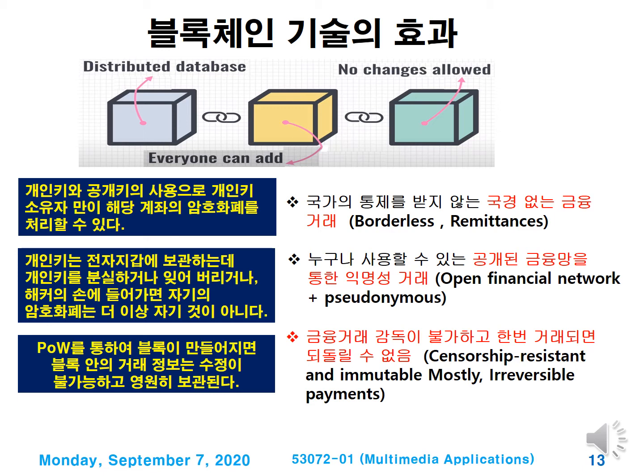So this blockchain service is censorship resistant, immutable, irreversible. So the payment transactions are censorship resistant, immutable, and irreversible.